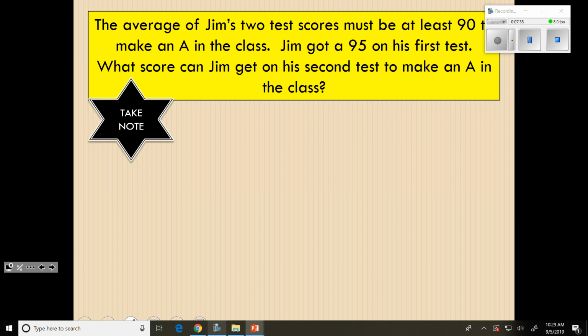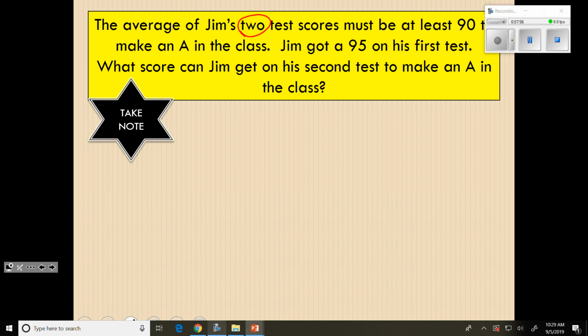To write the equation, we have to pause and say, okay, how do we find the average of grades, or the average of any numbers? We remember to find the average, we have to add the numbers together and divide by that many. If we look up here, we're talking about 2 test scores, so we're going to be adding 2 numbers together.